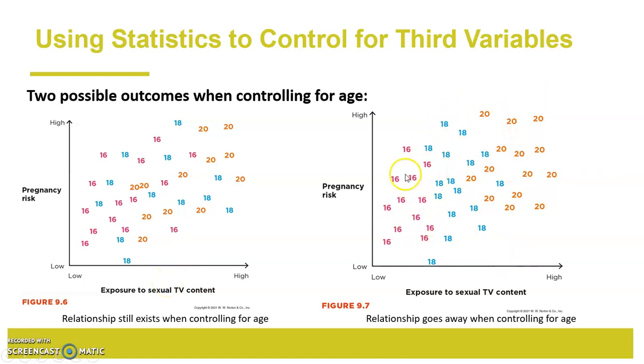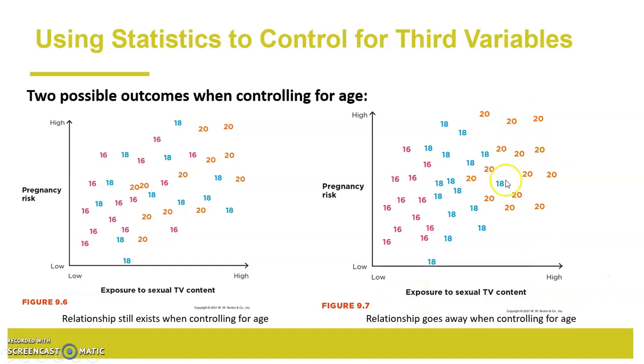You can see that each of them kind of has their own cloud, but there's no particular pattern in any of the clouds. So this is where the relationship goes away when you're controlling for age. You can see that this pattern is really just driven by higher ages. That's what drives pregnancy risk up. It doesn't really have anything to do, across all ages, with how much you're exposed to sexual TV content.